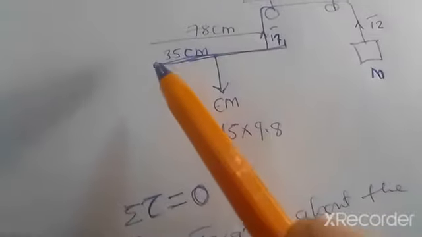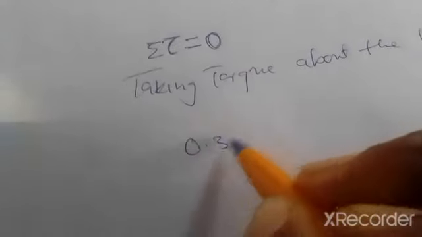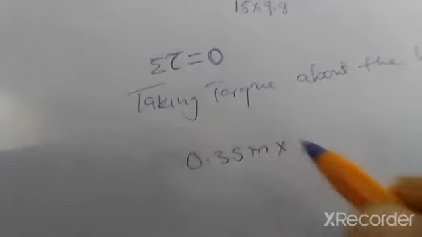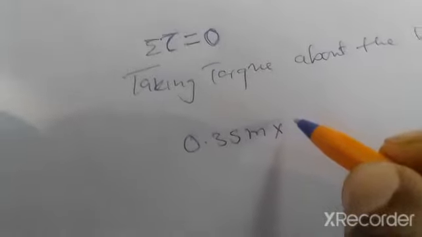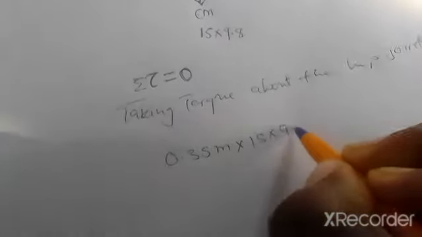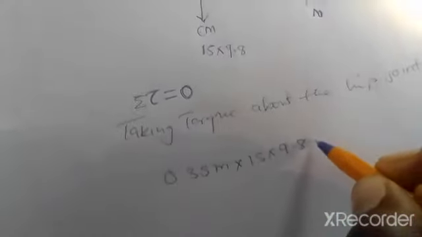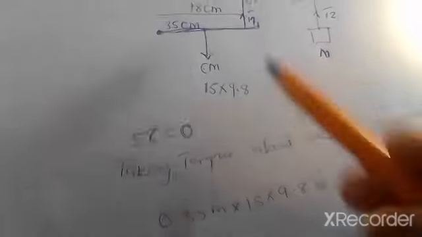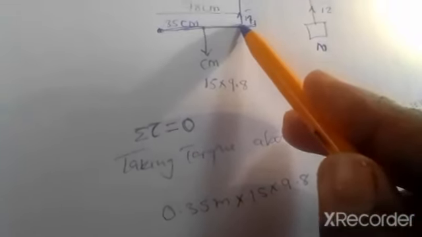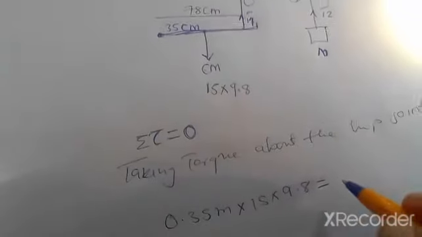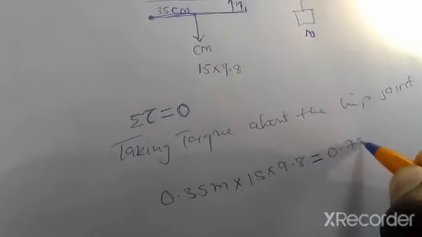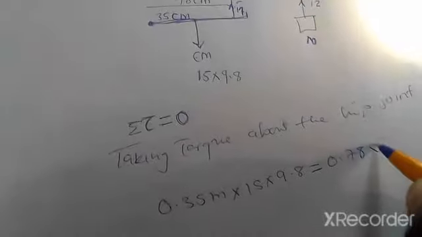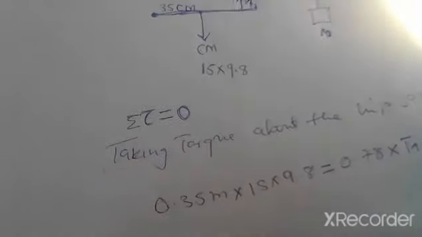This distance, 0.35 meters, multiplied by 15 multiplied by 9.8, is equal to the torque about T1. That will be 0.78 multiplied by T1, since that is a force.